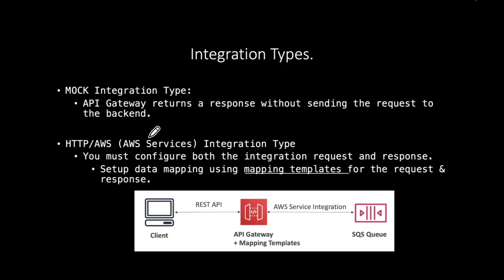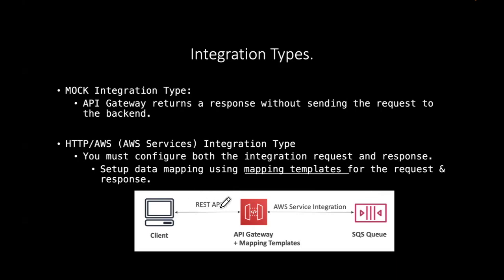Now, that integration type is typically used when the backend is something other than a Lambda. Let's take this specific example here where it's an SQS queue. That means there's a standard HTTP request coming in here. Maybe there's a query string part to it.